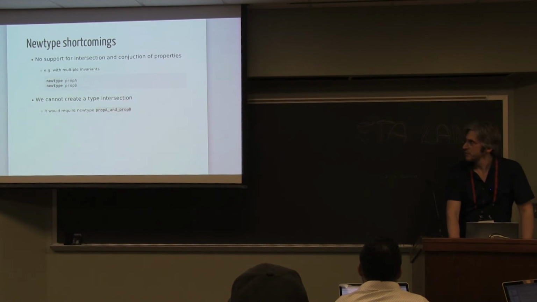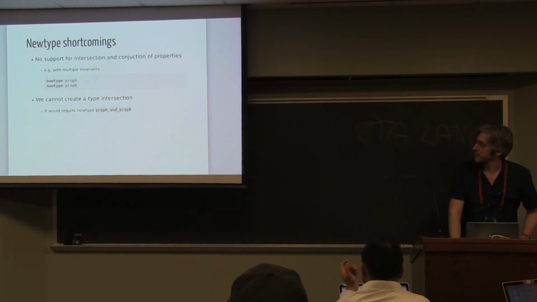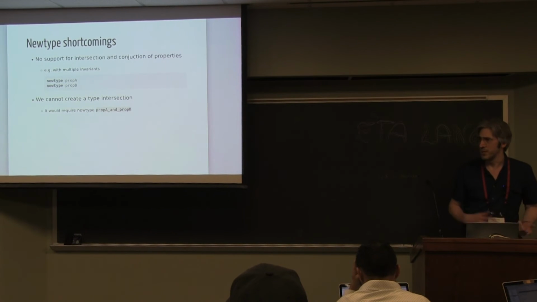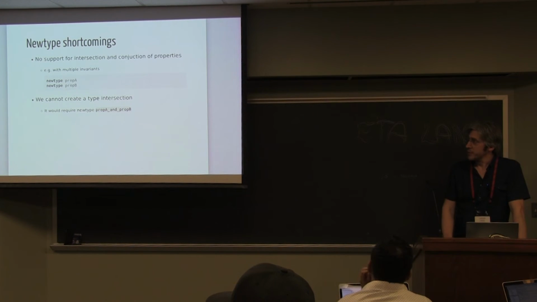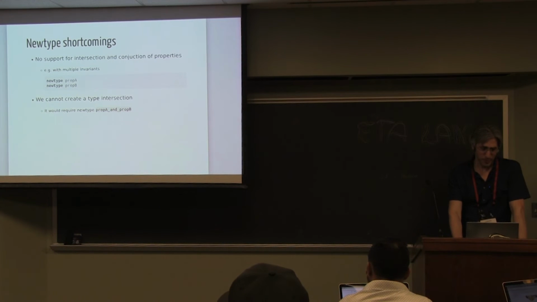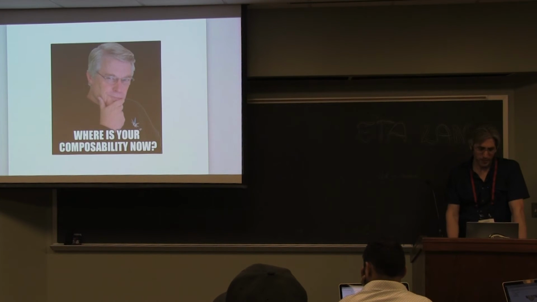Imagine we have two properties. For one property, yes, we can create a new type. But if we have two, either we create a new type of A and B, or we need to introduce more ceremony. And ideally, logical intersection, conjunction, is a very important combinator, and I find it a bit sad that it's not available. I think it's something that we should improve.